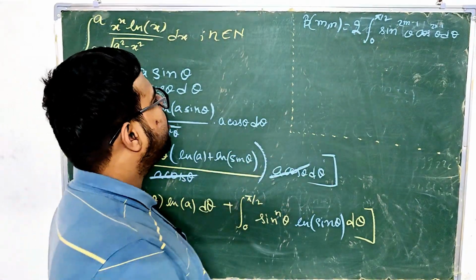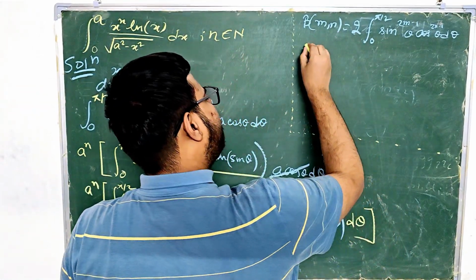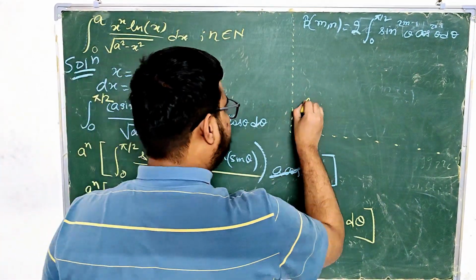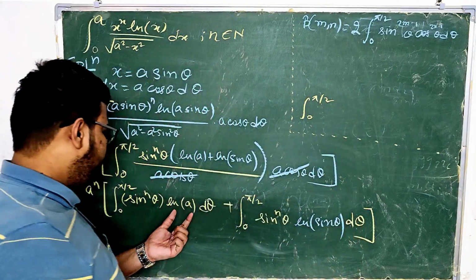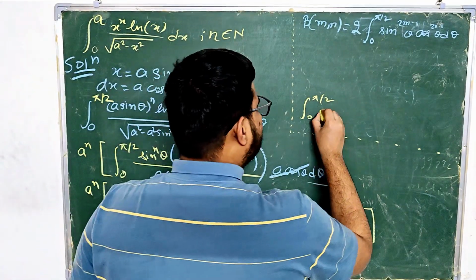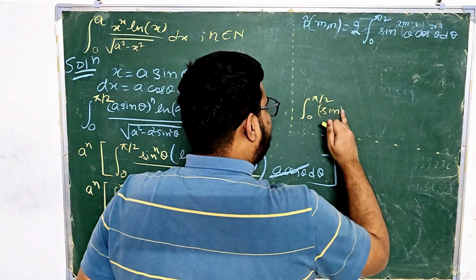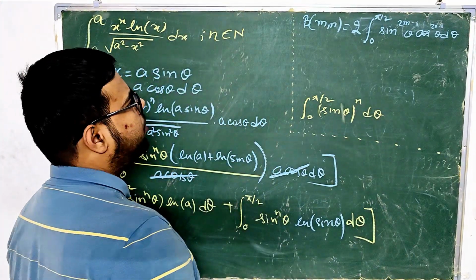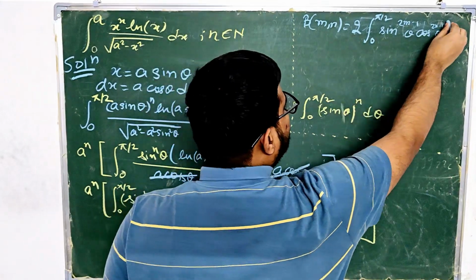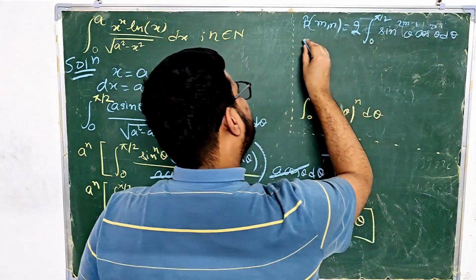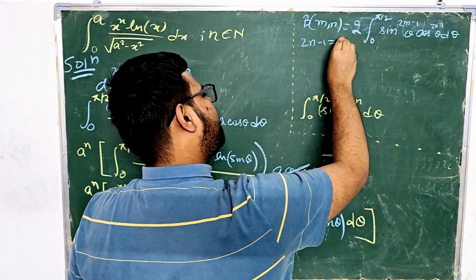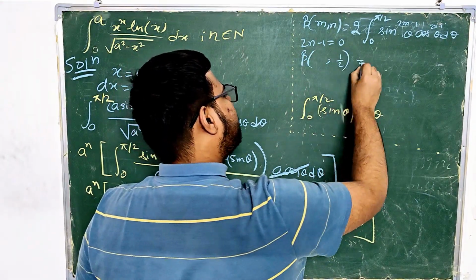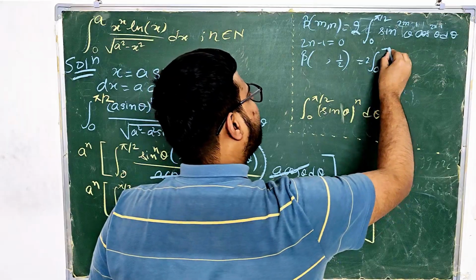Okay, now notice that when you use this over here, what you have is this expression. Of course natural log of a is a constant, so you can bring it outside. So you have sine theta raised to the power n d theta. Okay, so you want the cos expression to be 1, so you want 2n minus 1 as 0, so it is beta of m comma 1 by 2, and this is equal to 2 times the integral from 0 to pi by 2.